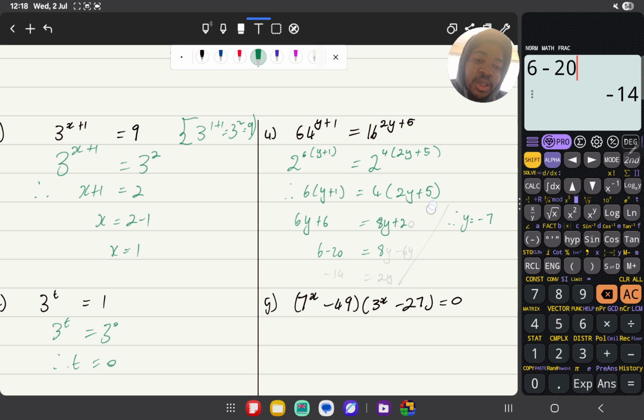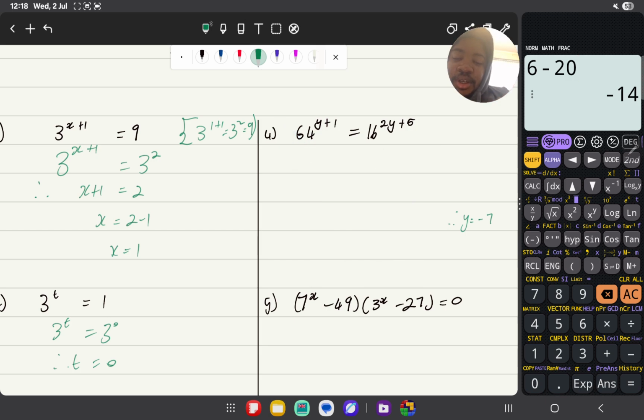So now we go, perhaps I shouldn't have deleted 2 to the power of 6 into y plus 1. Let me write it as minus 7 plus 1. And then here I have 2 to the power of 4 into 2 times minus 7 plus 5.